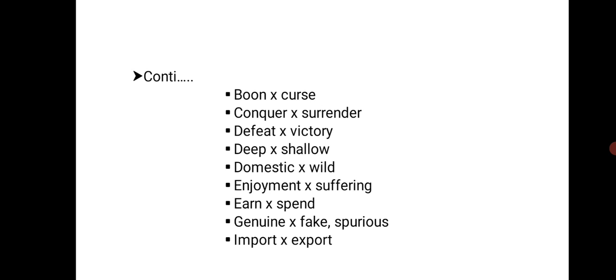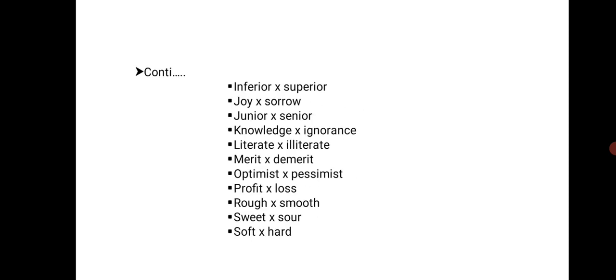One thing, apart from the UG examinations, almost all the competitive examinations, any KPSC examination for C group or D group, even banking examinations, will have a general English paper.